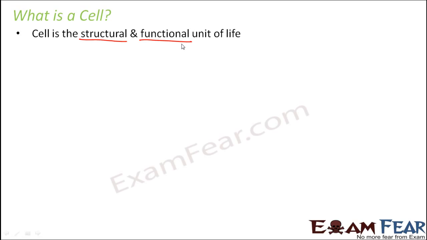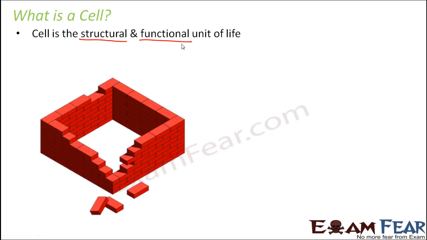How are these functions performed by a living organism? There also the basic unit is the cell. Cells actually perform all these functions, and that is why the entire body performs those functions. So cells are the structural as well as functional unit of every living organism.